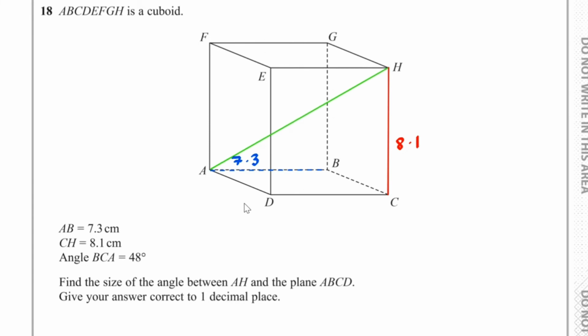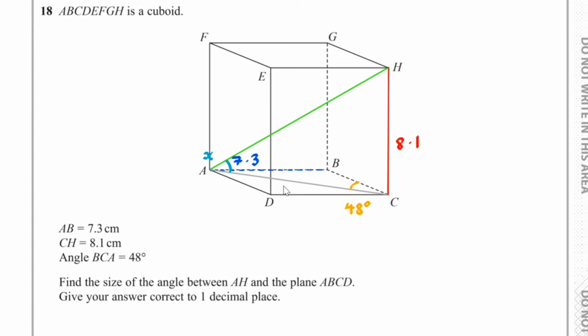So if I draw a line here to here, then I need the angle that is over here, and let's call this angle X. So how could we go about that? Well, I've got the angle BCA, which is this angle here, equaling 48 degrees.